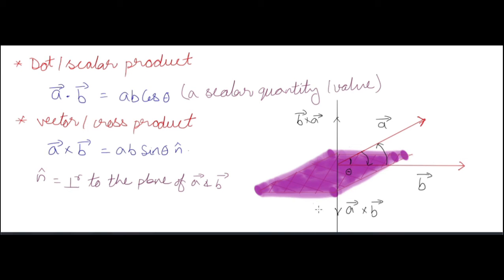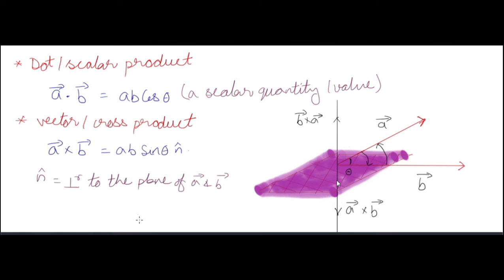So we see here that this is a plane, and in the plane we have two vectors a and b. For the cross product of a into b, you have to use the right hand thumb rule: going from a to b, the thumb will show the direction of the resultant.